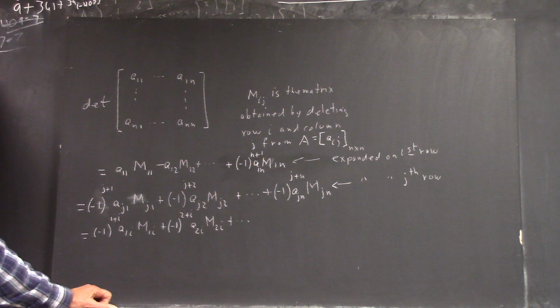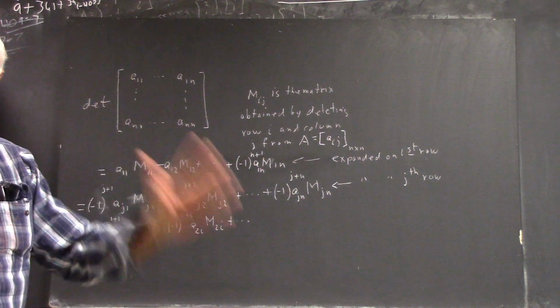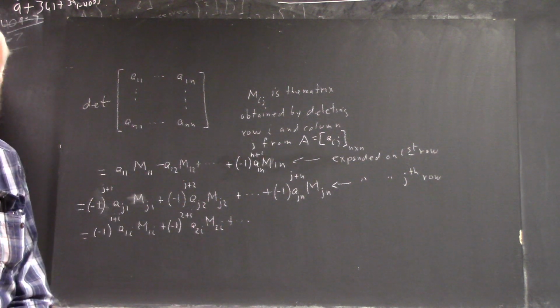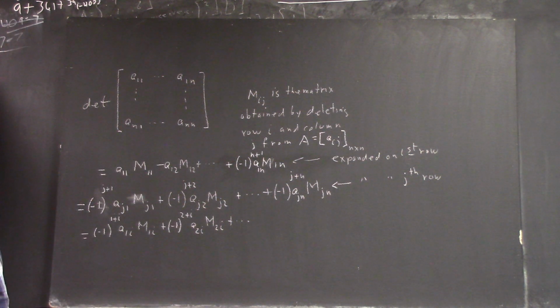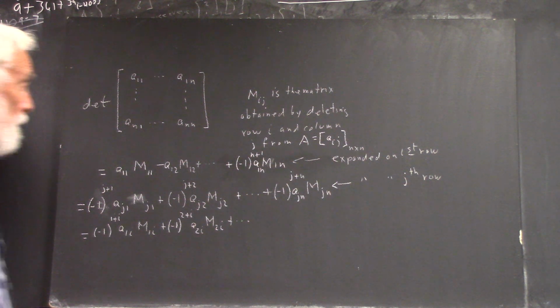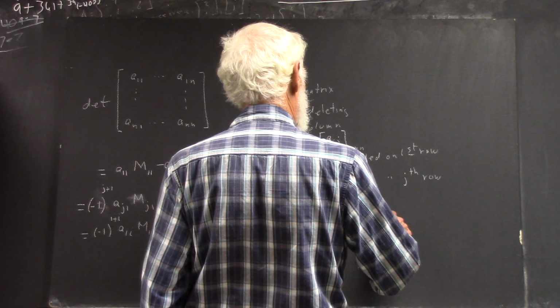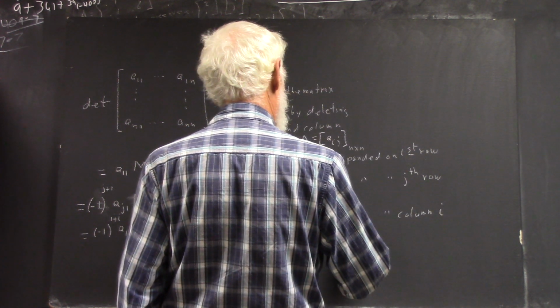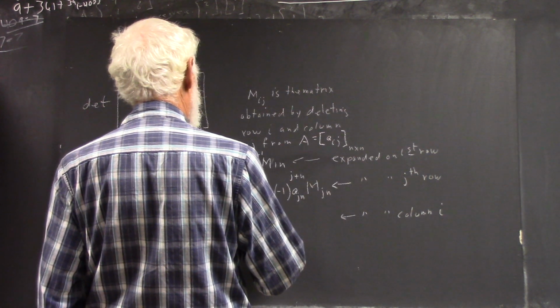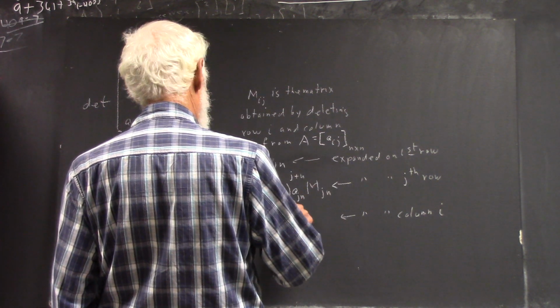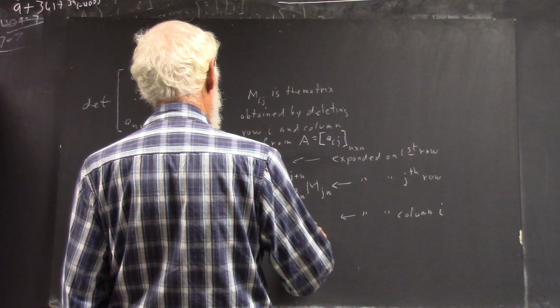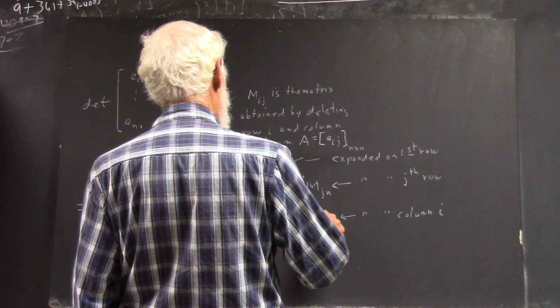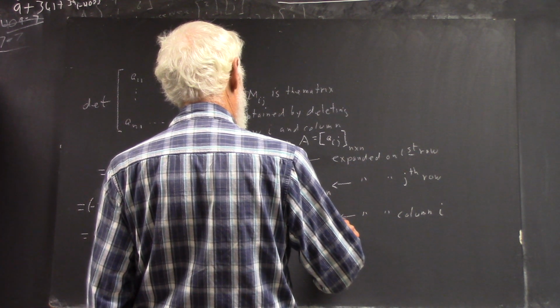Yeah, I think the word's columns. Yeah, it's a column. Okay. We're doing, which column? Column I. Yeah. So this is expanded on column I. And it ends with negative 1 to the n plus I, a n I, m n I.